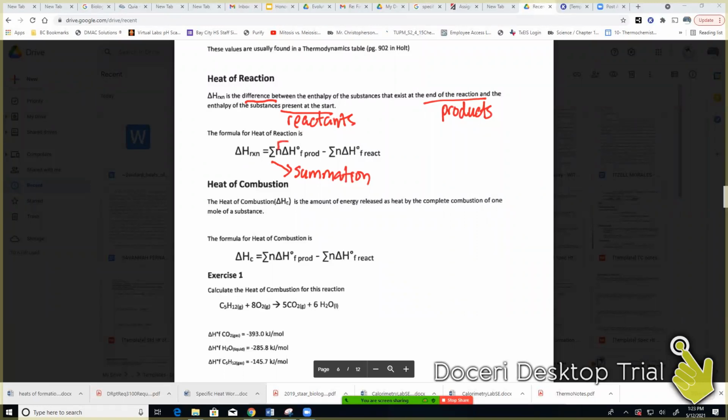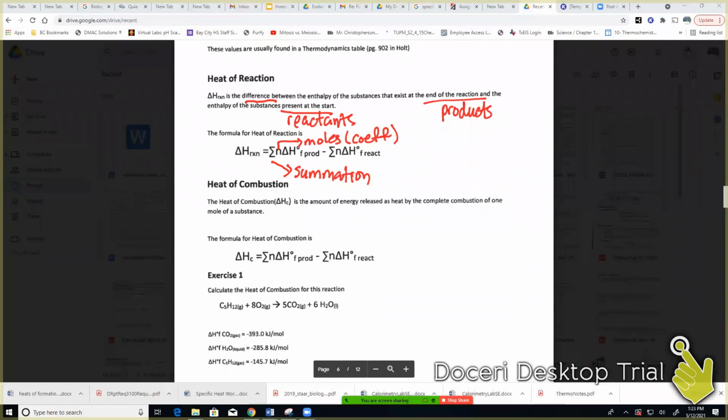The N means, as it has before, moles, which we will use as the coefficients. So it's pretty easy. Because if you notice on your sheet, all these values are based as kilojoule per 1 mole. So if we have more than 1 mole, then we have to take it into account. So that's why you have to have the N in there.